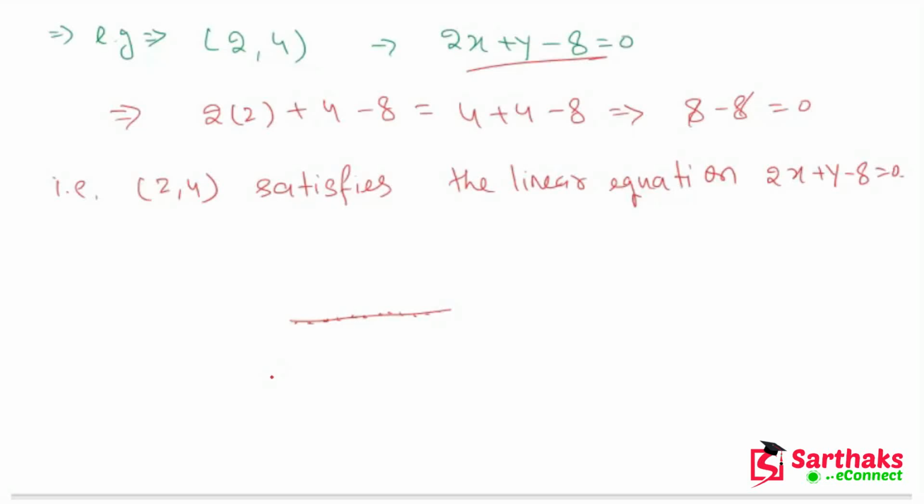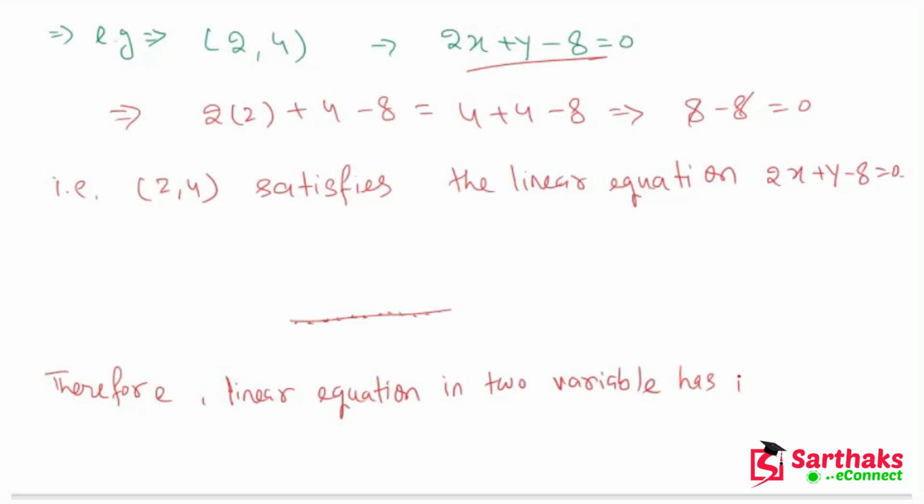So a linear equation has infinitely many solutions. Therefore, a linear equation in two variables has infinitely many solutions.